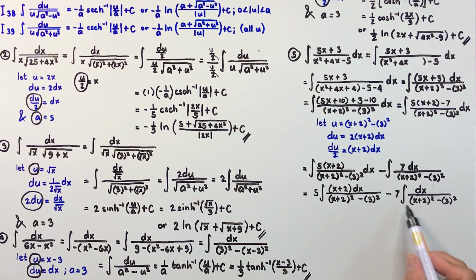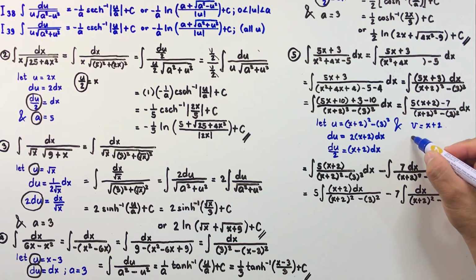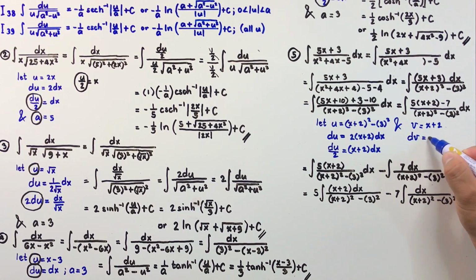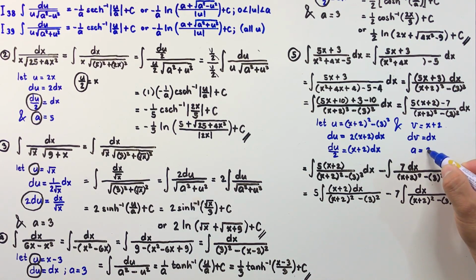So this one can be solved if we apply formula 37 here, since this denominator is a difference of two squares, wherein the first square is a square of a polynomial and the second square is a square of a constant. So with this, we can represent v as x plus 2. So our dv here is dx and our a is 3.